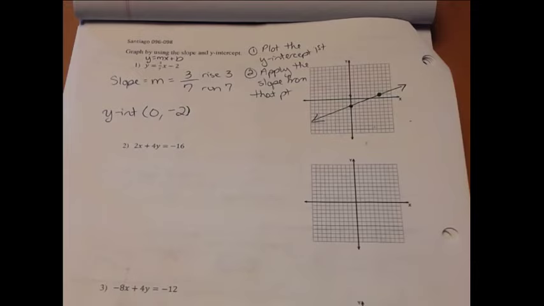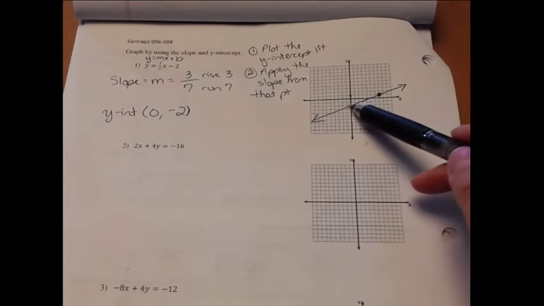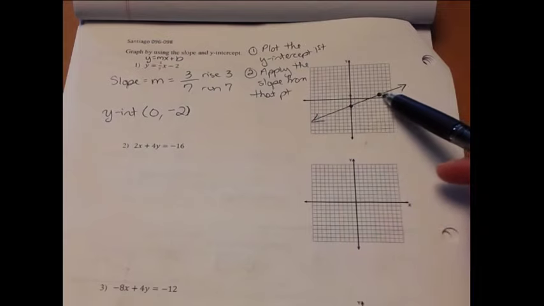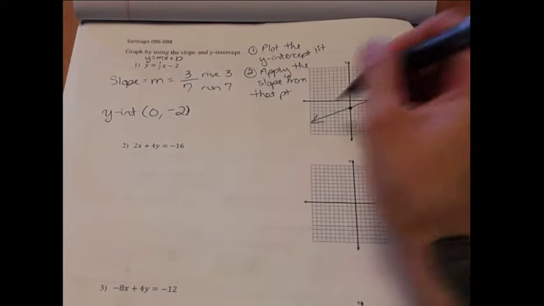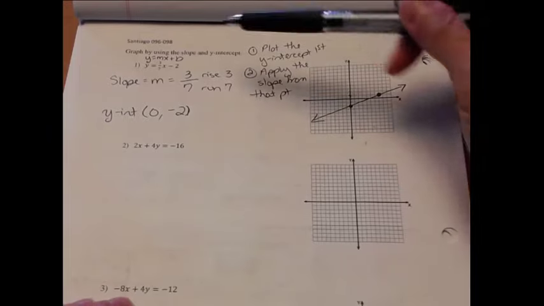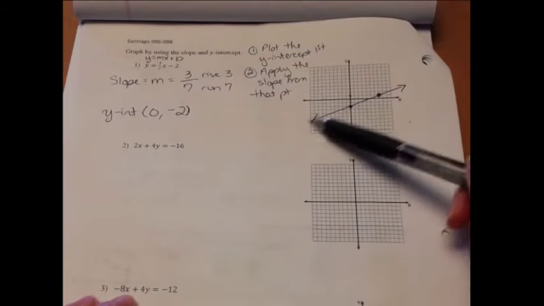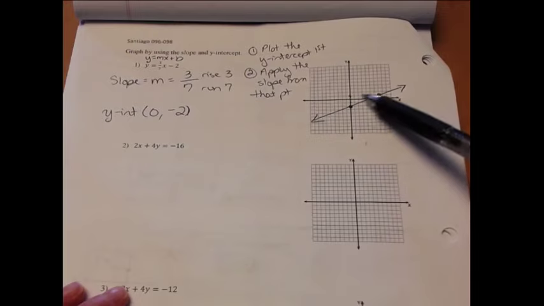So, Hyder, you asked about one more point on this line. If you really wanted to identify a point that was to the left, so normally we would rise 3 and then run 7, if you wanted to find a point here, you'd fall 3 and run back 7, okay? But I want you to be careful with that. Make sure that you're understanding that no matter what, to move from one point to the next, we read from left to right, you're going to rise 3 and run 7.